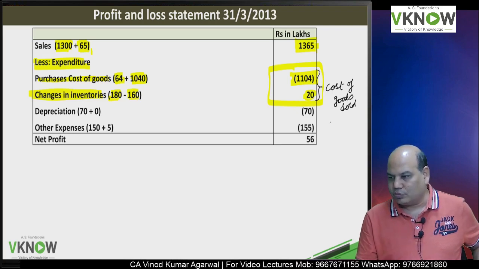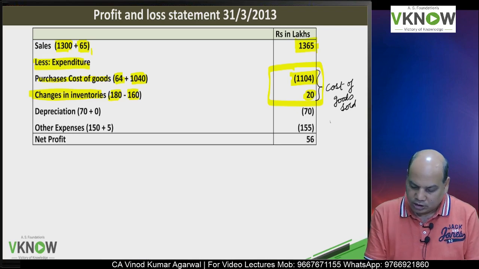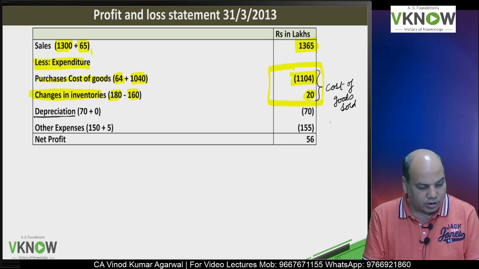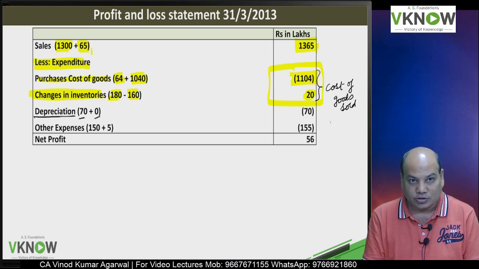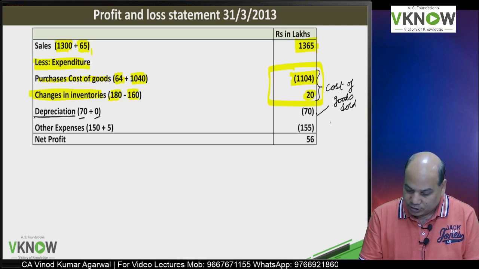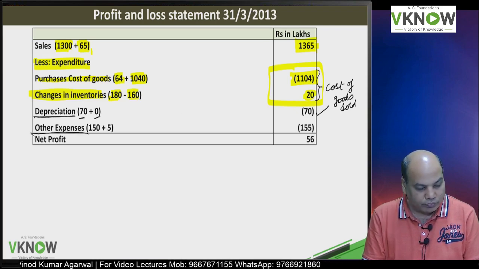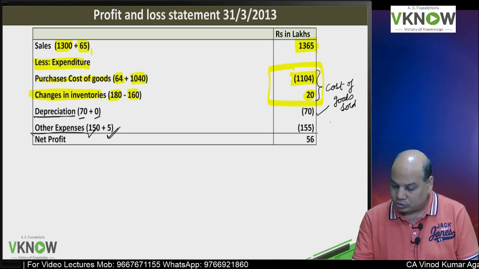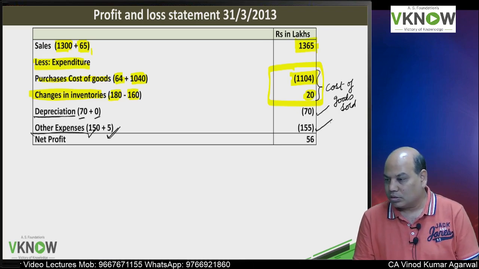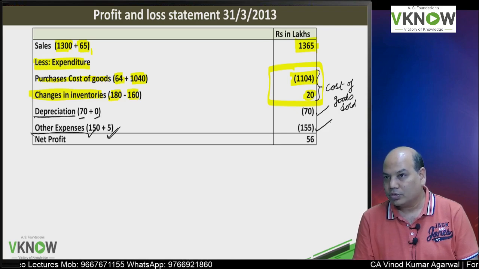But we have to present separately. Then write down depreciation. In the books of Monty trial balance fourth line 70, there is no depreciation in the joint venture. So 70 in bracket. Other expense in the trial balance of Monty third line 150, share in joint venture expense 5, total expense 155.